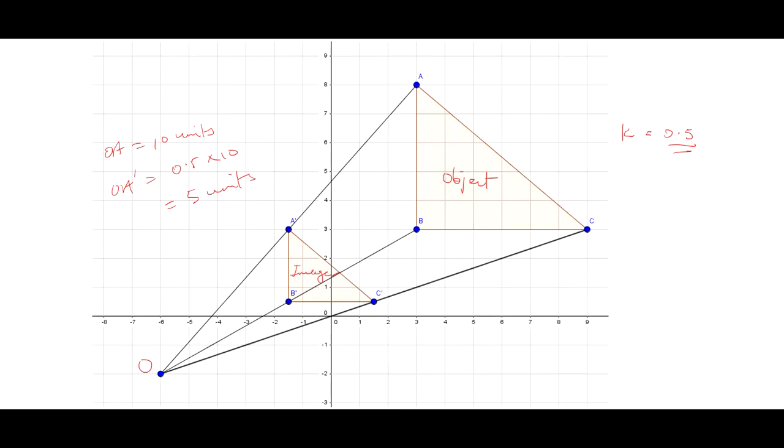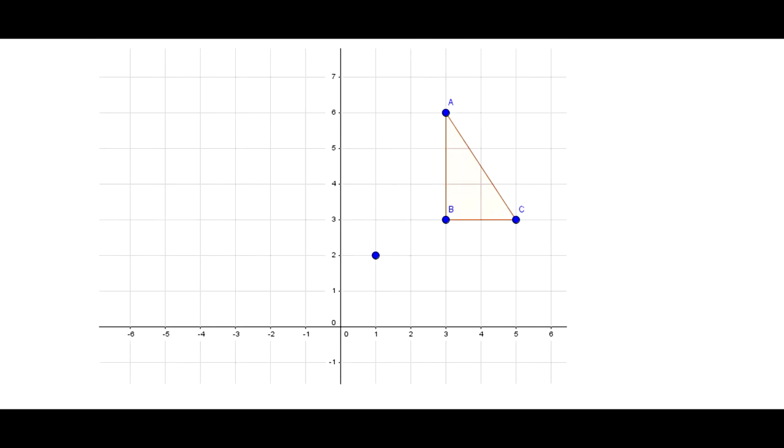Let's look at another example. In this case, we are going to use our center of enlargement O as (1, 2), and our scale factor in this case is -2.